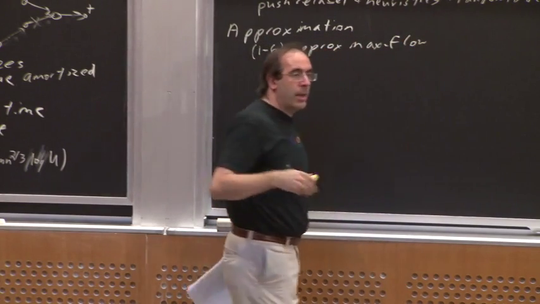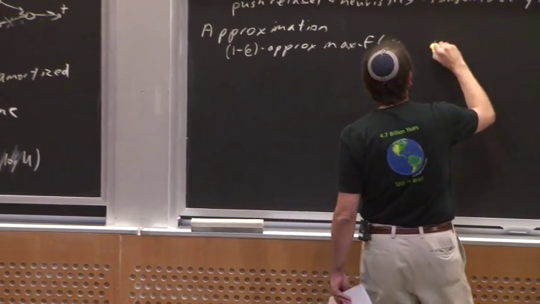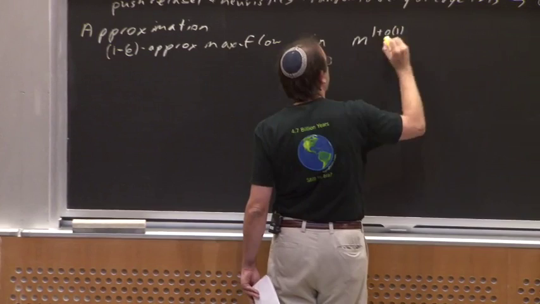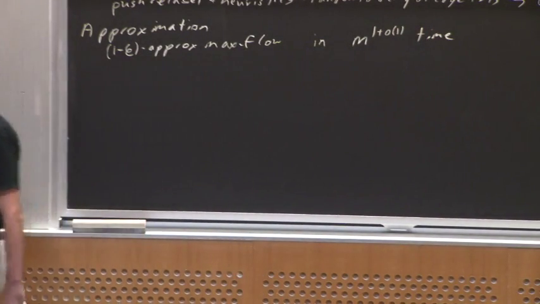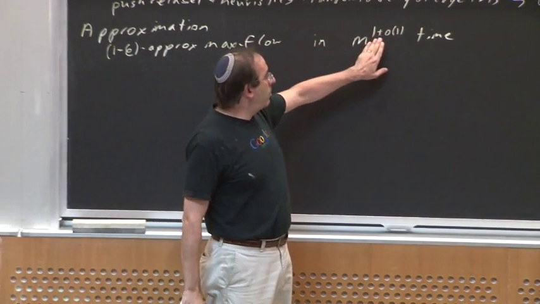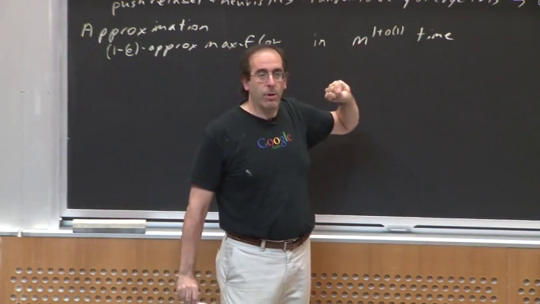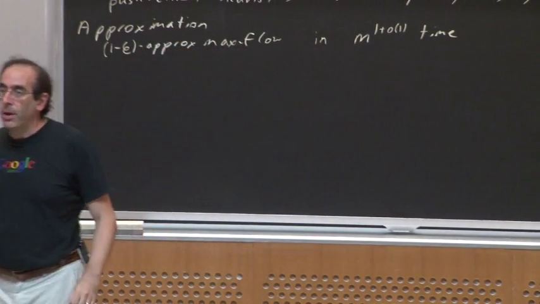So it's within epsilon of being the maximum flow, but is not quite a maximum flow, in m to the 1 plus little o of 1 time. So they're converging on linear time. What this means is it's m to the 1 plus something that gets arbitrarily close to 0 as m grows. So it's converging to linear time.